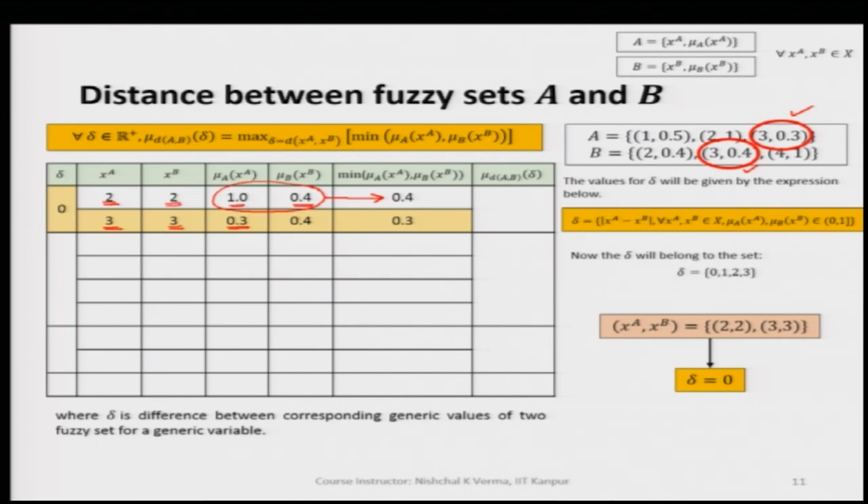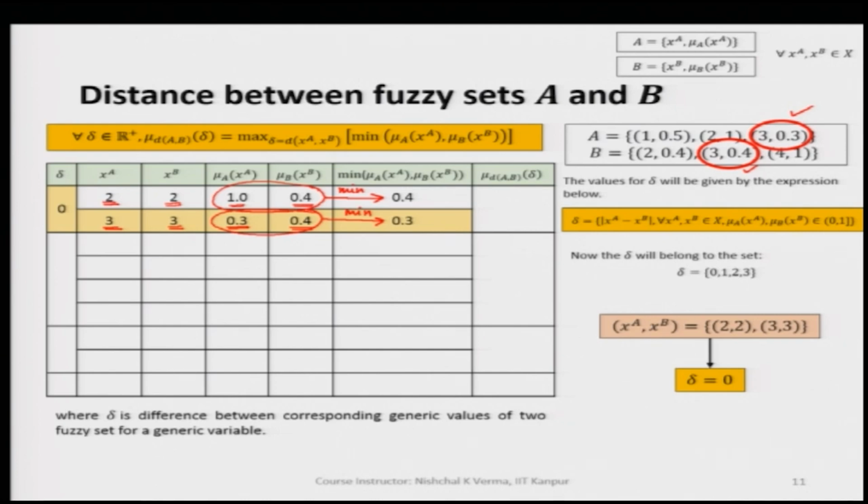When we take the minimum of these two values, we get 0.3.